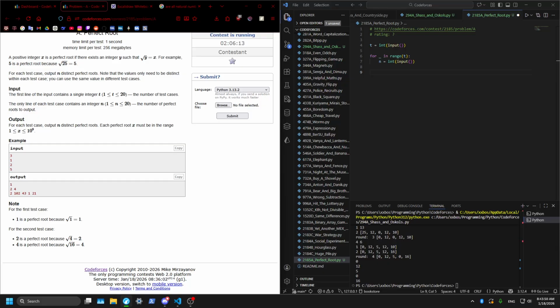Okay. I don't get it. Is this definition just wrong?